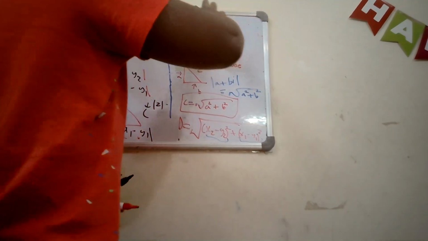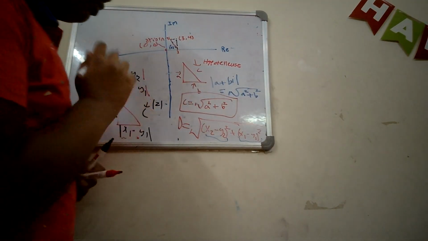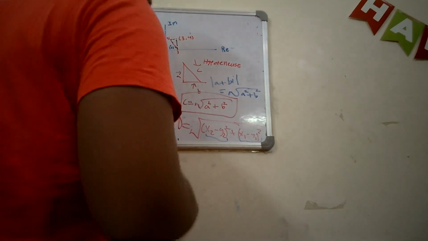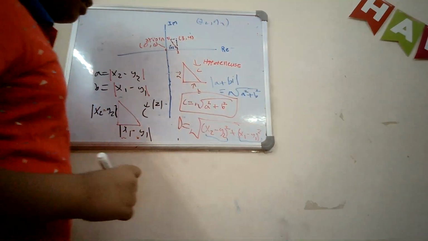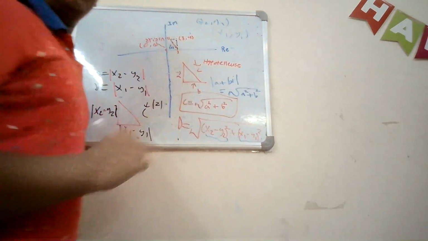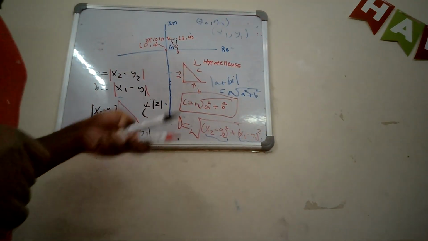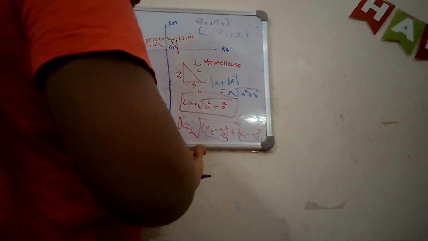So now that that's clear, when we're finding the distance between 2 points, x2, y2, and x1, y1, just think of this generally. When you're finding how far, distance means how far, okay?